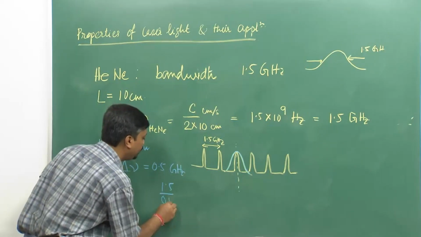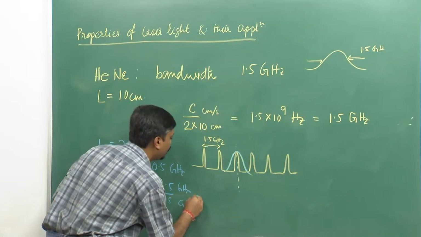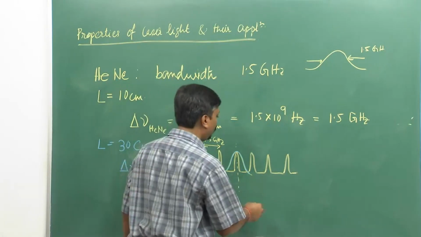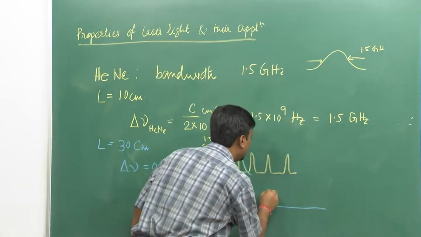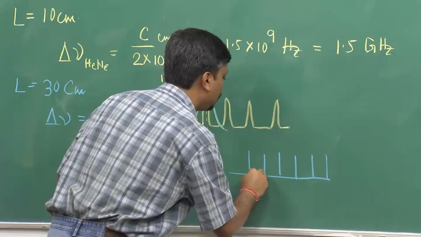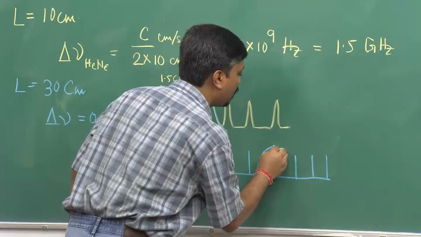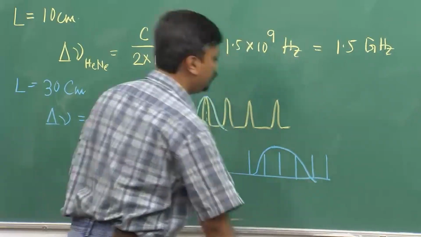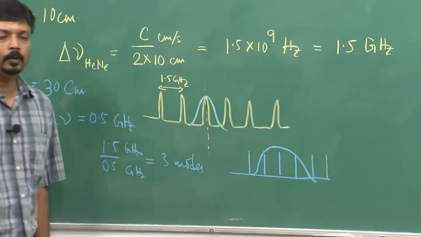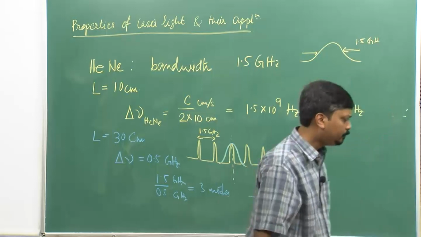Because 1.5 by 0.5 gigahertz is 3 modes. So it will contain 3 different modes. In this way I can easily figure out how many modes will be there.